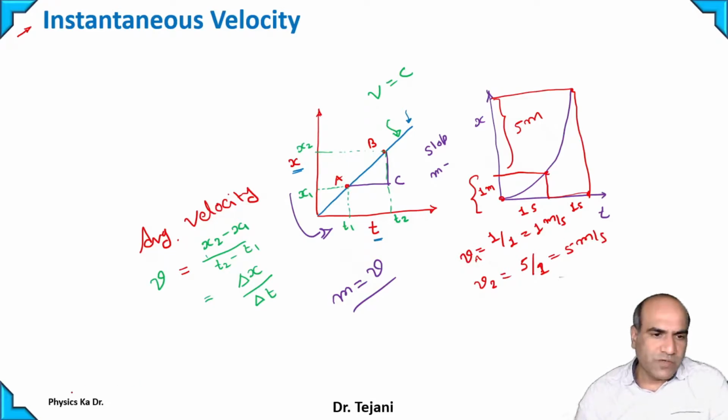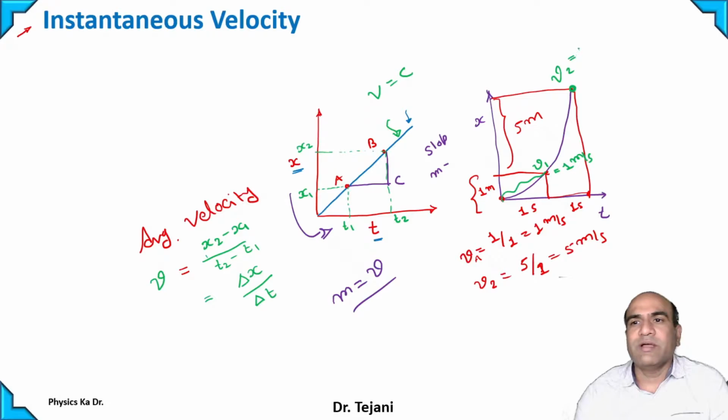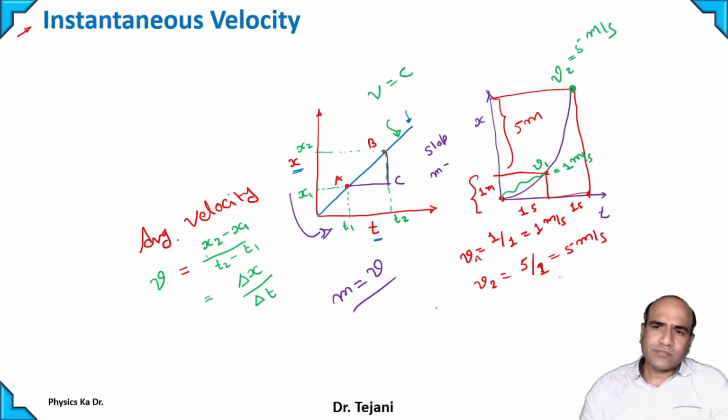So clearly, in the first instant the average velocity was approximately 1 meter per second, but at some other point it becomes 5 meters per second. Therefore, whenever there is a curvature, velocity is not constant.